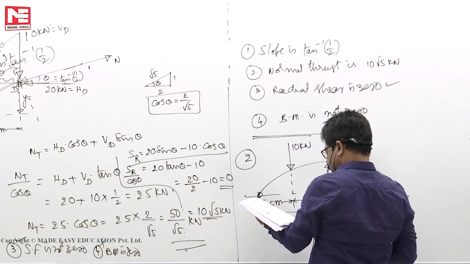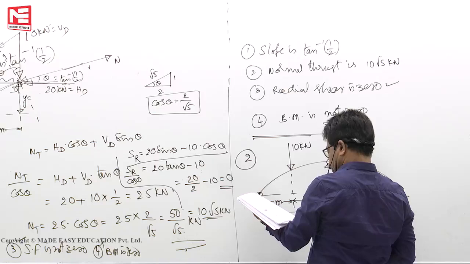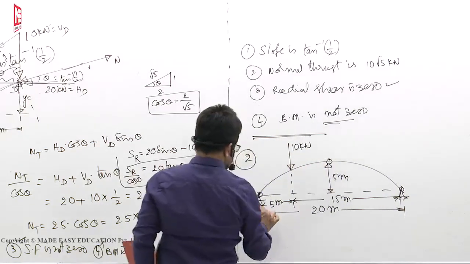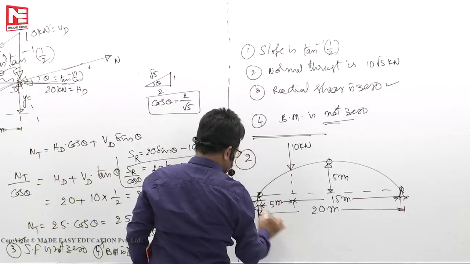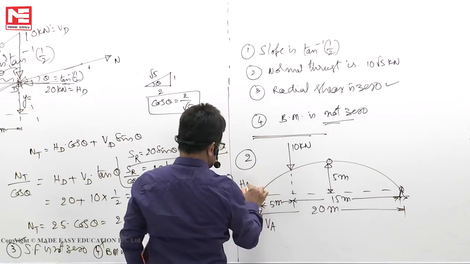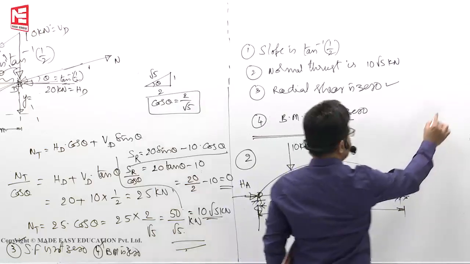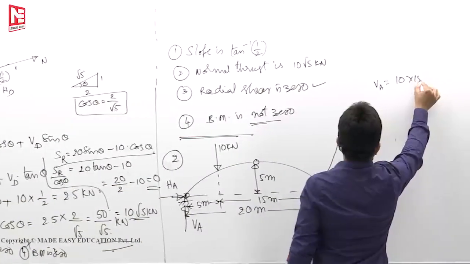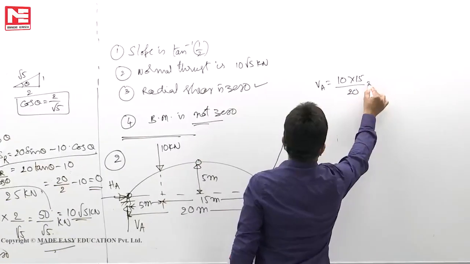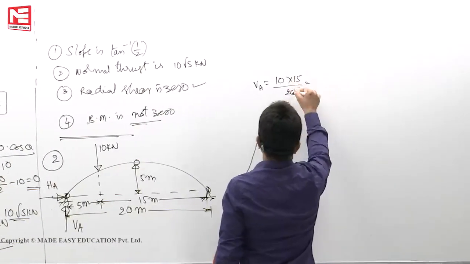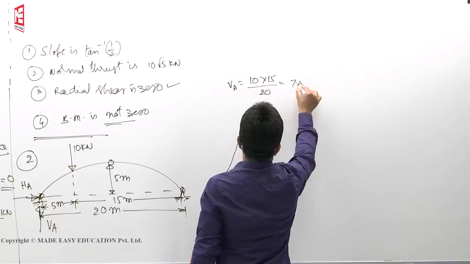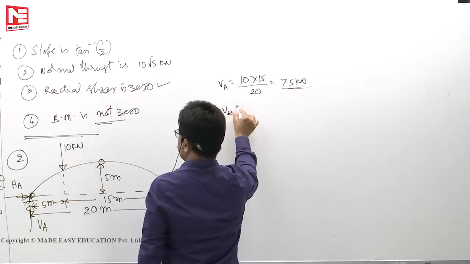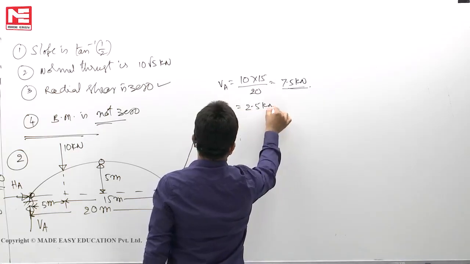The resultant reaction at the left support and its inclination with the horizontal. So the resultant reaction is asking VA, HA. VA you can write as WB by L. W is 10, B is 15, length is 20. So VA is 7.5 kilonewton and VB is 2.5 kilonewton.